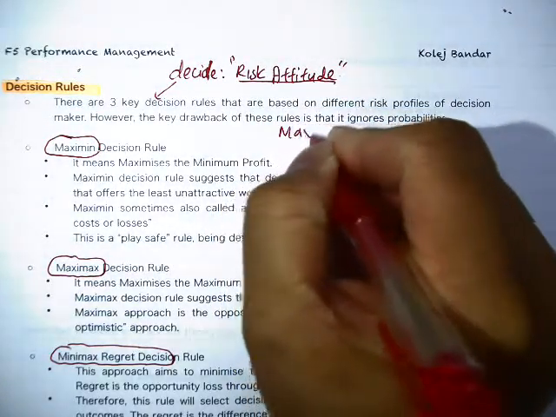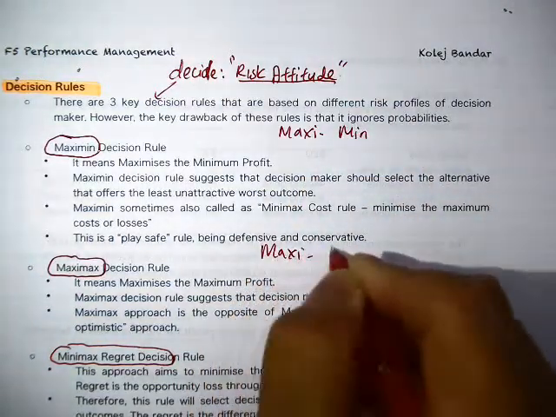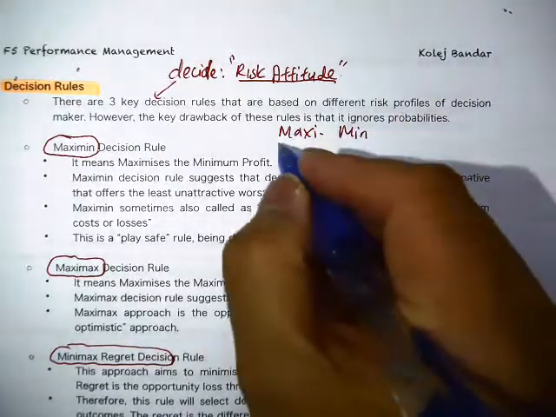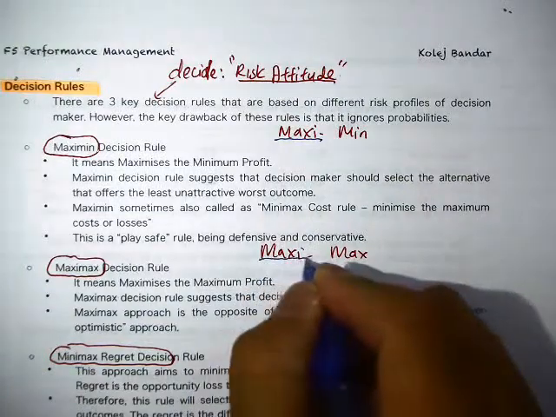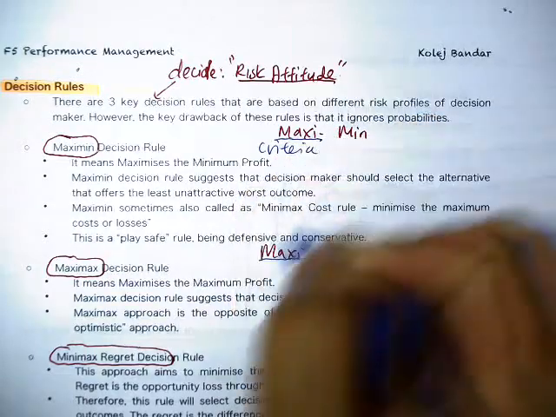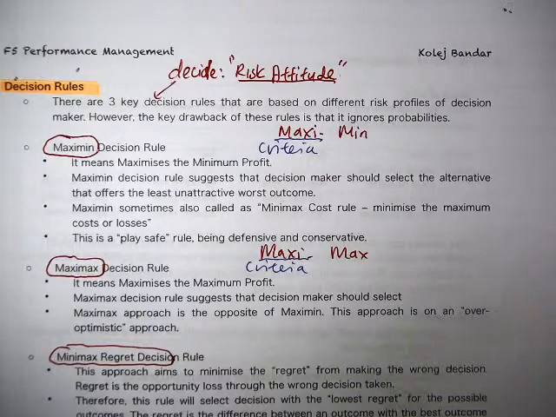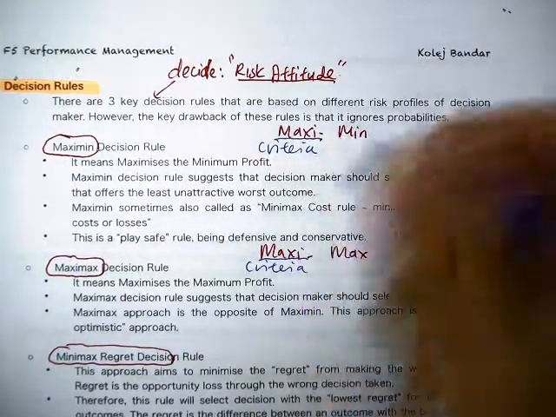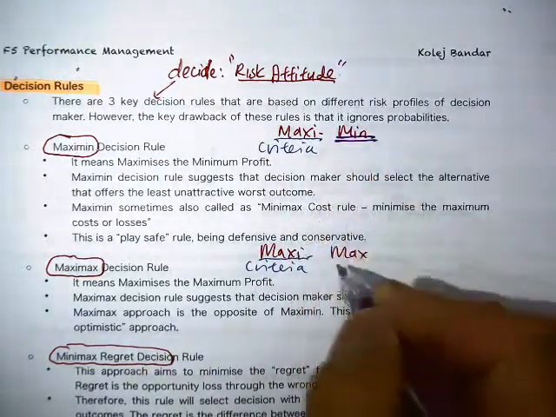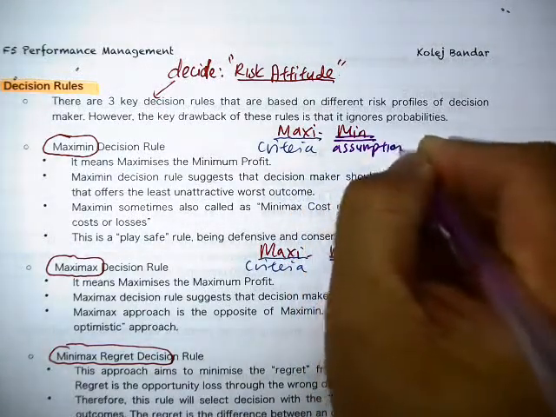Now this maximin and maximax, they are opposite. The maxi is your criteria that we try to maximize something. The min and max at the back are the assumptions.